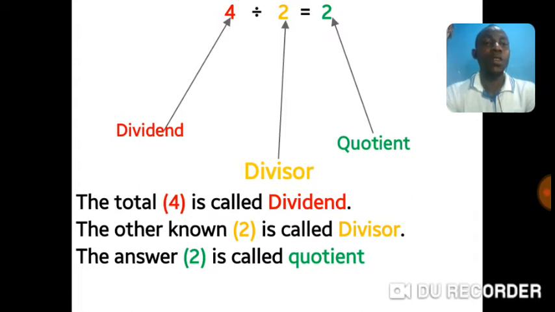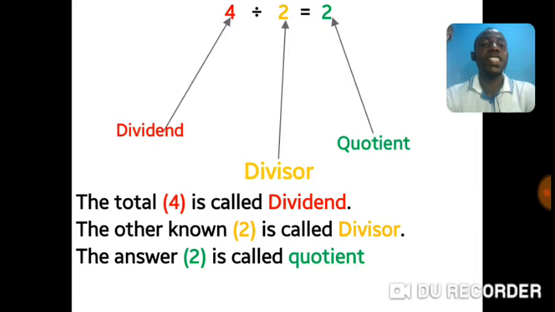Now the total, which is the first number, which is 4, is called the dividend. And then the other known quantity or number which divides or shares the dividend is called the divisor. That is the 2.